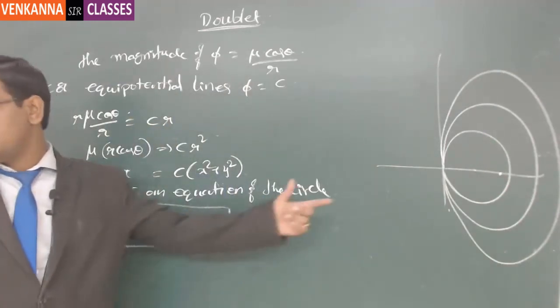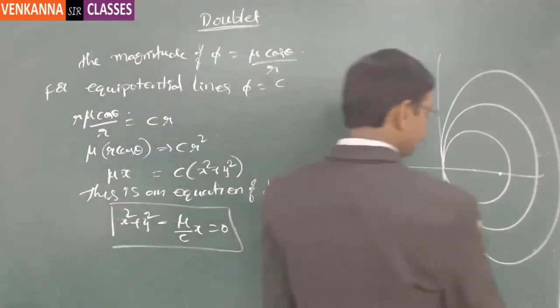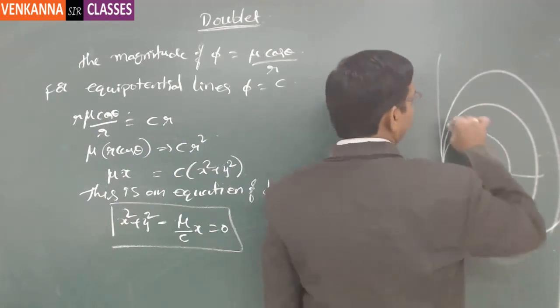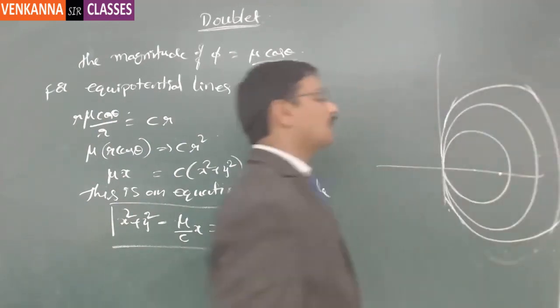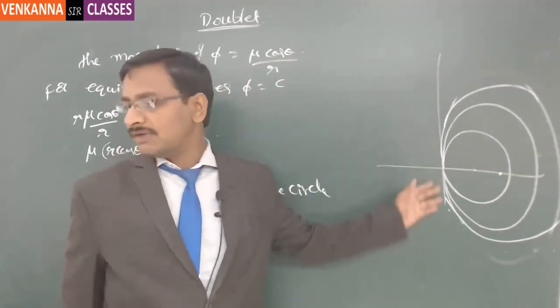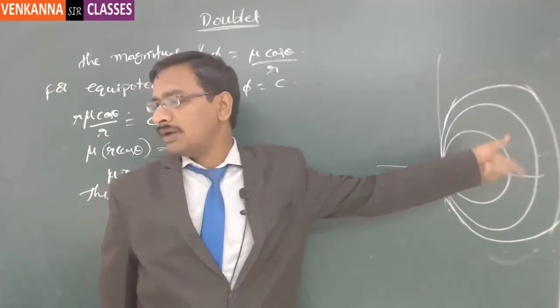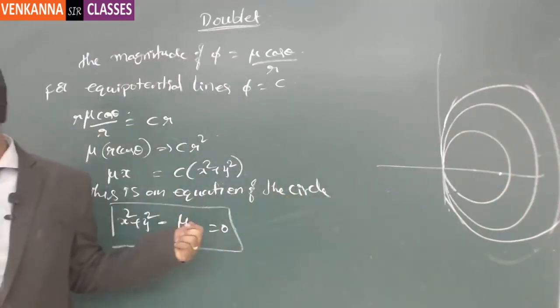These are not ovals, these are circles, where it touches the y-axis and the center is located on the x-axis. It keeps on increasing like this. So for different values of c, you get different circles.